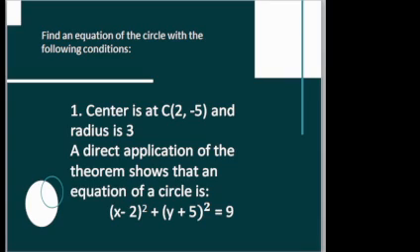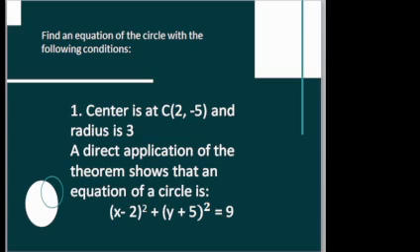Now we have to go to a different example. So we have to find an equation of the circle with the following conditions. So what we are going to do is to find the equation of the circle. The first one is the center is at C(2, -5), and the radius is 3.